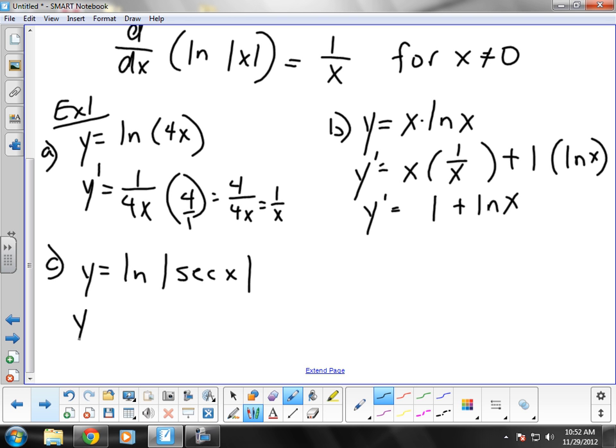So the first thing I get is 1 over the secant of x, right? Because it's always just 1 over the argument. Then times, now I need the derivative of that secant, which is secant times the tangent.